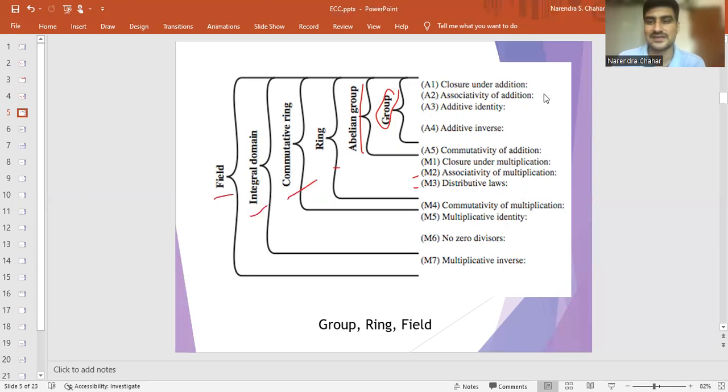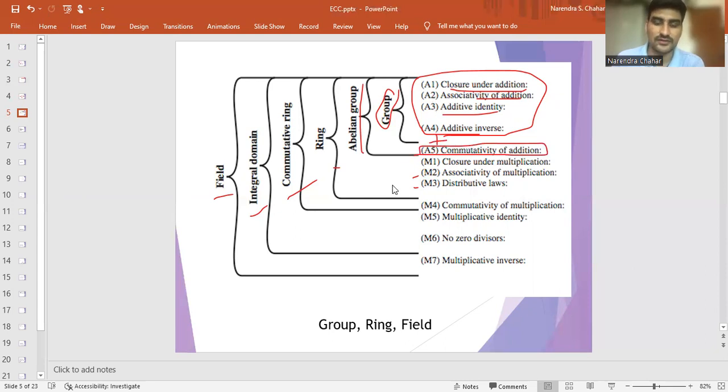A group includes closure under addition, associativity of addition, additive identity, and additive inverse. These four things are included in a group. The abelian group also adds commutativity of addition.